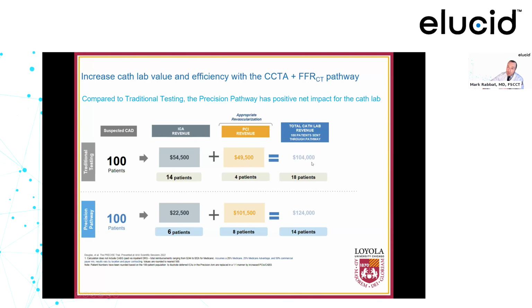So the total cath lab revenue for traditional testing is $104,000 in this 100 patient simulation, and then in the precision pathway, you can see that the total cath lab revenue was $124,000. So essentially, there's a 20% increase in the total cath lab revenue and a 58% increase per cath lab case.